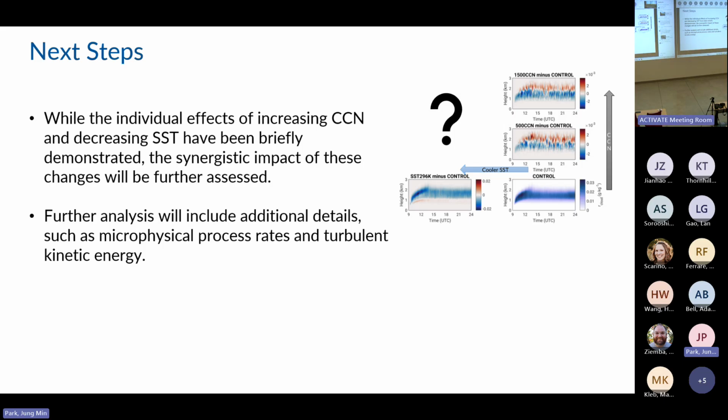Soon, the synergistic effects of both factors on the liquid hydrometeor distributions will be analyzed, to be specific, to see whether any interesting non-linearity or aerosol-SST regime exists for this kind of environment.